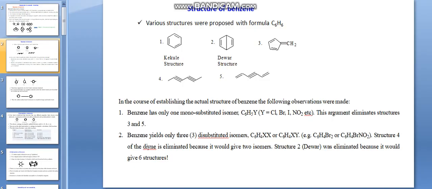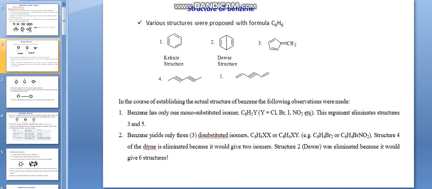The second one is that benzene yields only 3 disubstituted isomers, in the sense that structure 4, the diene, is eliminated because it could give 2 isomers.